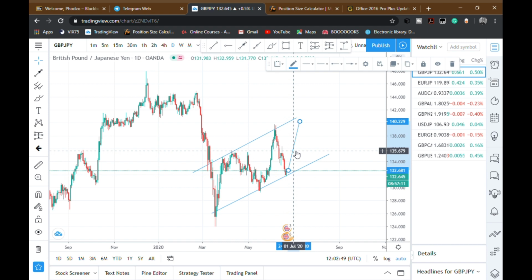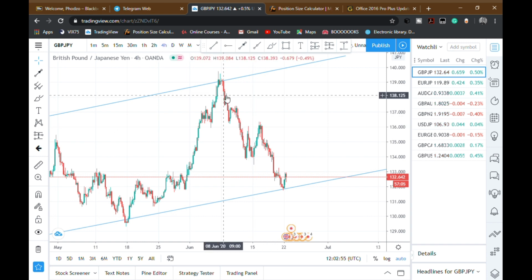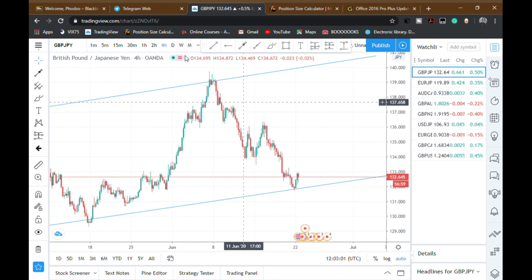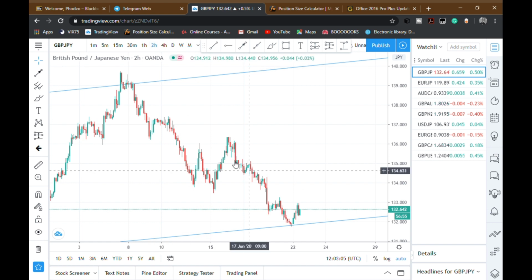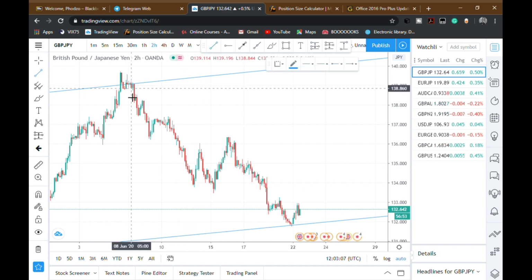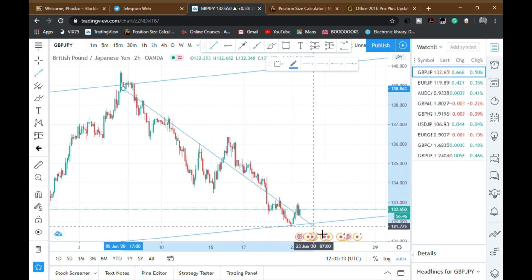So let's zoom into the lower time frame. On a lower time frame I see this. Actually, let's go to 2 hour. I see this sort of trend line right here.